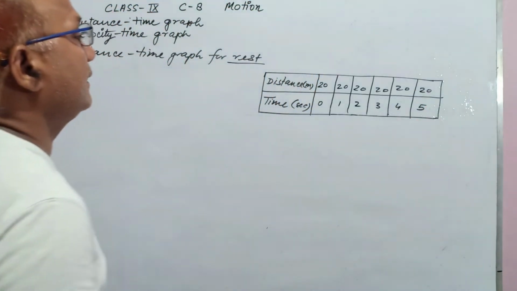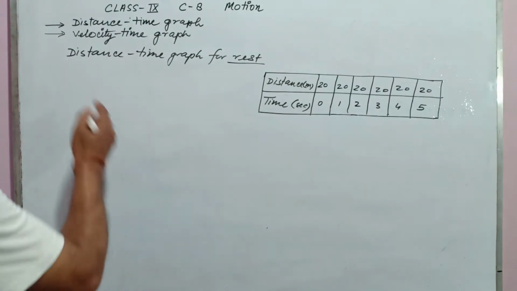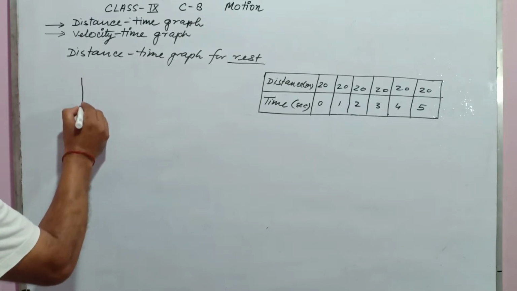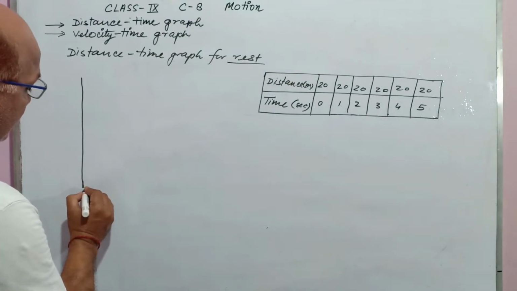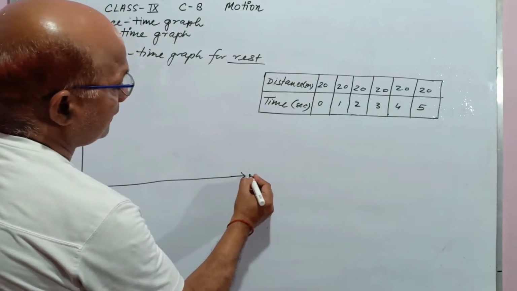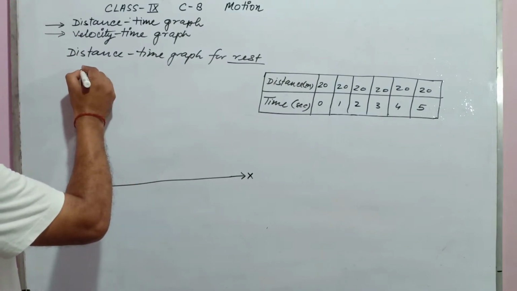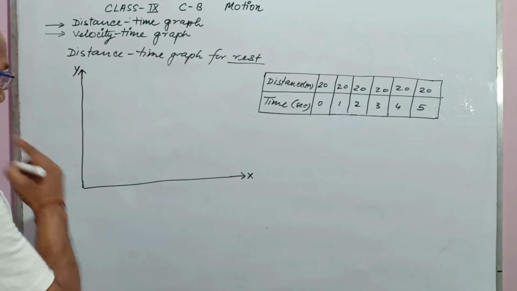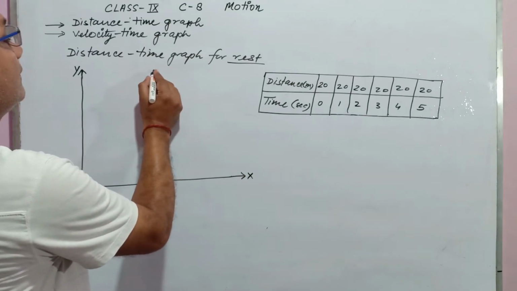So for this data we can draw a distance time graph, and we will take time on the x-axis and distance on the y-axis, and we will consider a suitable scale for this graph.